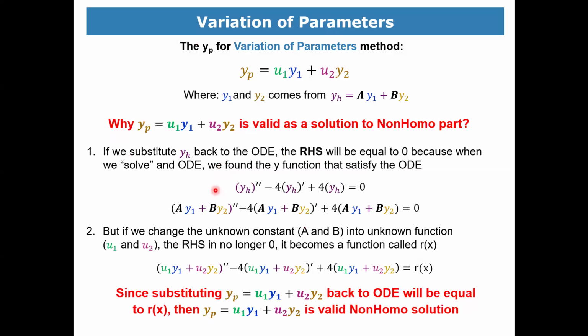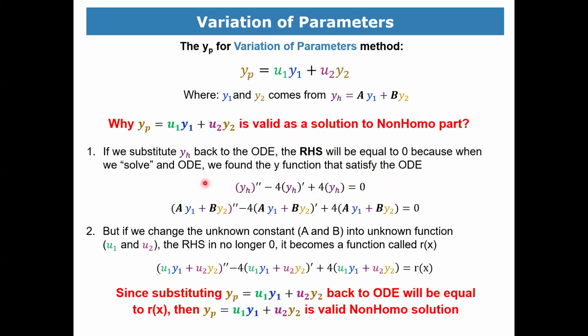So just recall back that if we substitute YH, which is the solution of the homogeneous, back into the ODE, the right hand side will be equal to 0, because when we solve an ODE, meaning what we have learned in lecture 6 and 7, we actually found the function that satisfies the ODE when we substitute it back.